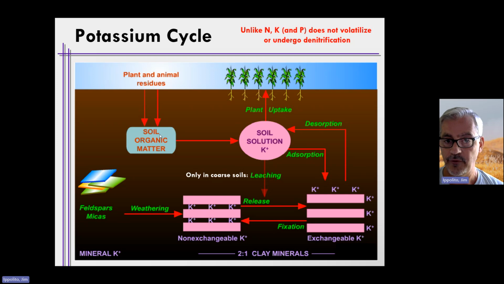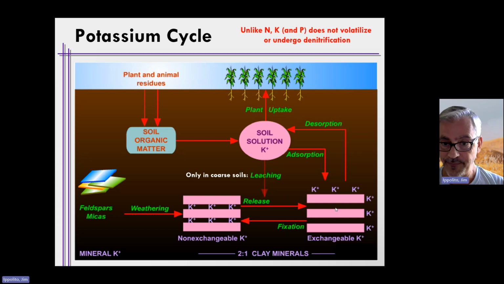There should be a line from soil organic materials to the exchangeable phase as well. If you added an organic source that contains a lot of potassium, like say manure, some of that potassium is going to go from the organic material phase to the exchangeable phase.